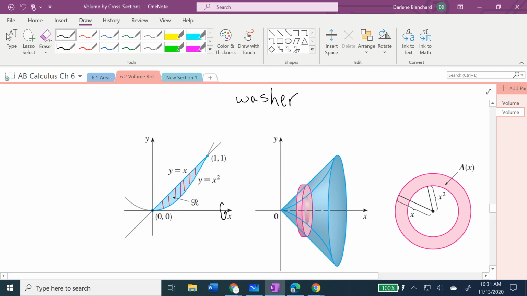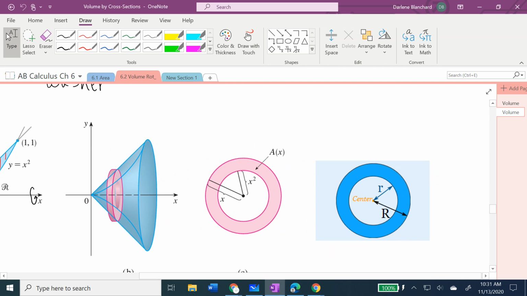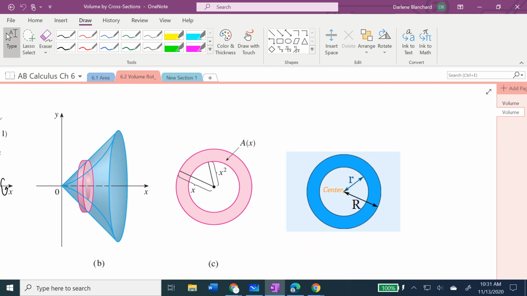this time when you are focused on the area formula, you need to find the area based on the big radius and subtract from that an area based on the inner radius. So we've got an outer radius and an inner radius.